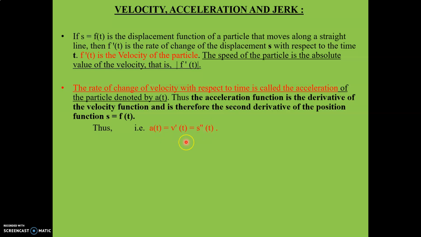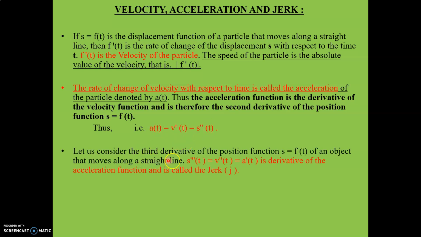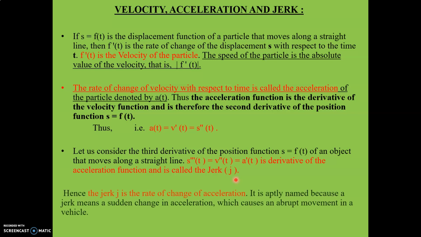Now, if you consider the third derivative of displacement, s'''(t), which is the second derivative of velocity, or the first derivative of acceleration, it is called the jerk. So taking three derivatives of displacement, or two of velocity, or one of acceleration, you get jerk.